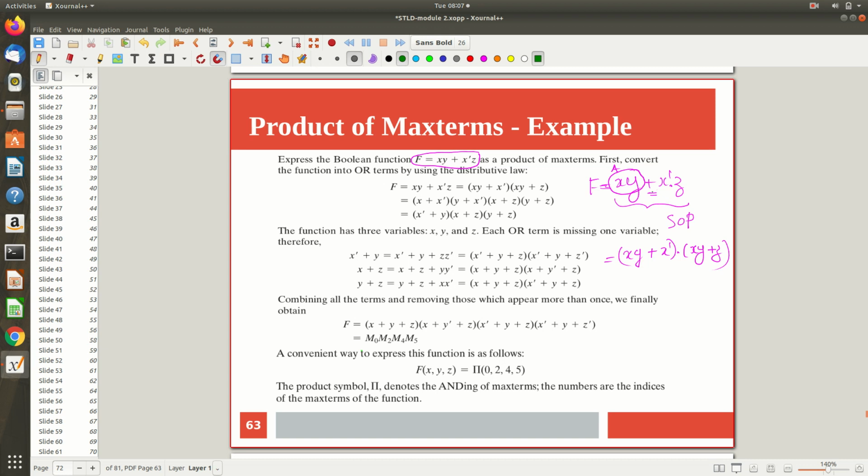Here I am distributing plus over dot from the left side towards the right side. I can do the same thing in this direction also. If you have any confusion, all are equivalent. By commutativity you just change the order, like x dash plus xy, and this also you change the order, like z plus xy. Then you do it in the forward direction, like x dash plus x into x dash plus y.